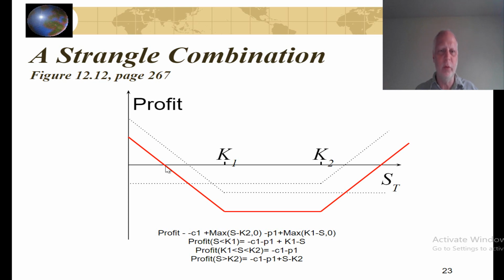The break-even point you could also find by setting this profit equation equal to 0 and solving for S, and S would equal K1 minus C1 minus P1. You can find this break-even point by setting this equation equal to 0 and moving all these items to the other side, and you will end up with K2 plus C1 plus P1 as that break-even point.